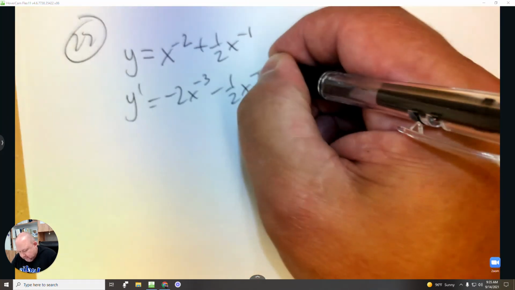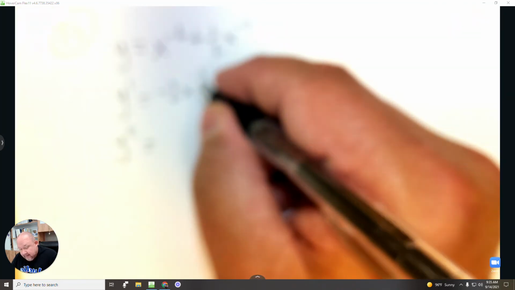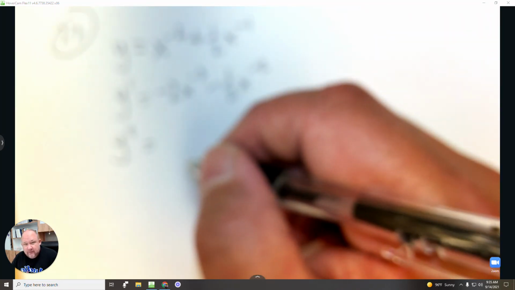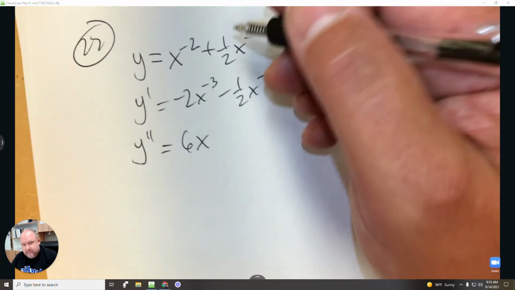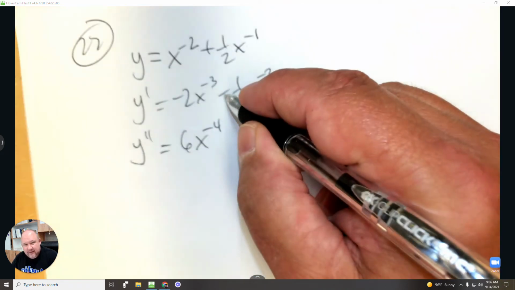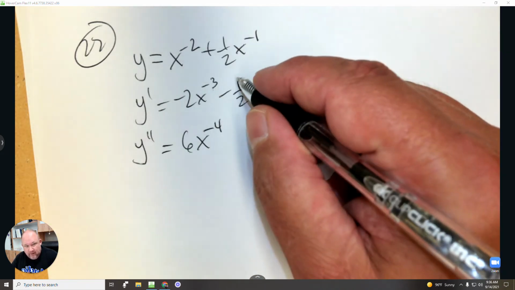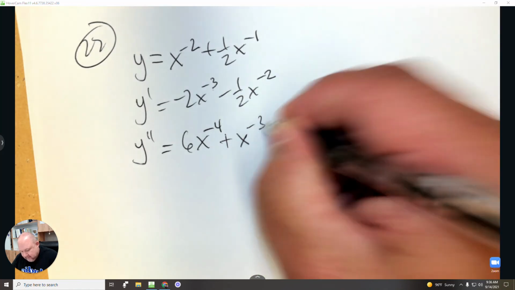The second derivative, subtract 1. The next derivative, a negative times a negative is positive 6, even if you can't see it. And then subtract 1. A negative times a negative is positive. The 1/2 times 2 is 1. I don't need a 1x, and then there's the derivative.